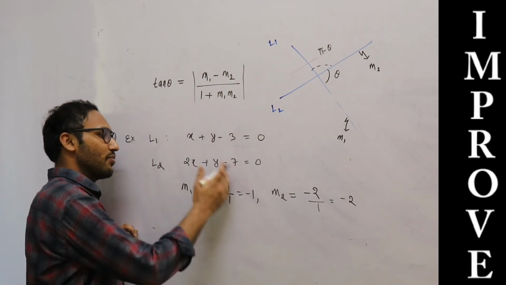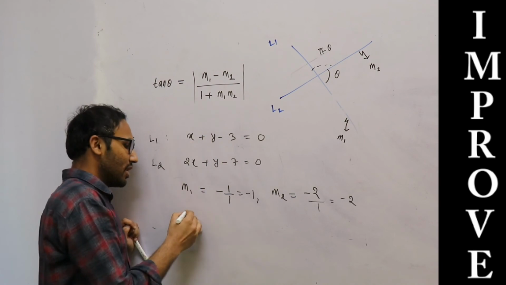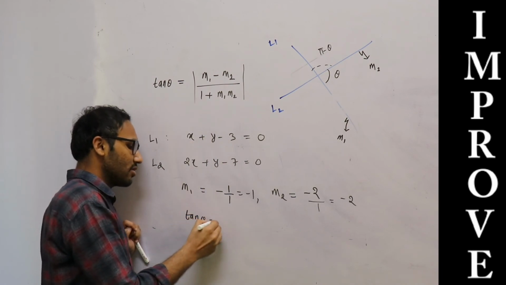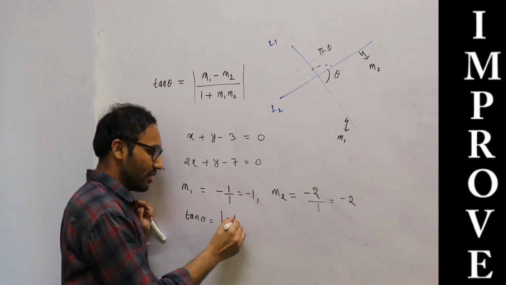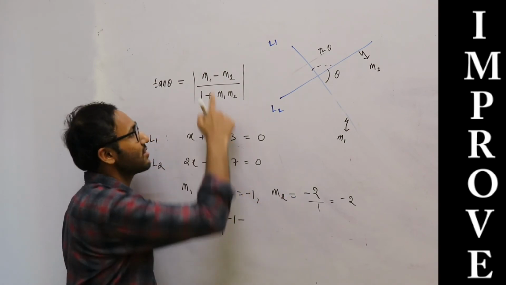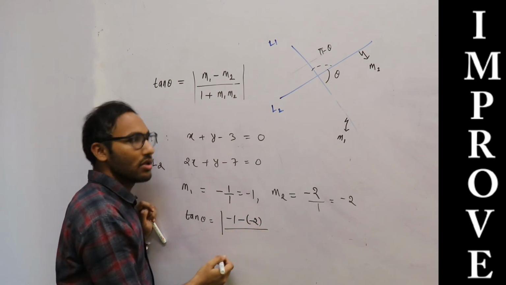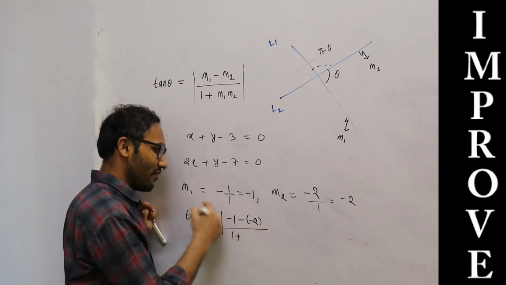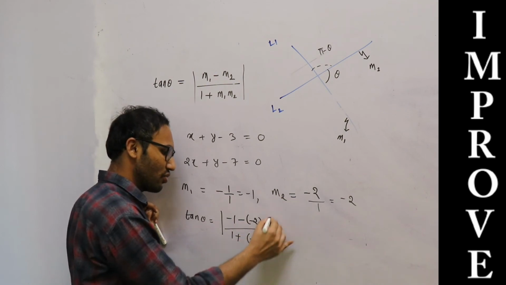Let's put both values, m1 and m2, in this formula. Tan theta will be m1 minus m2 upon 1 plus m1 m2. The value of m1 is minus 1 and m2 is minus 2.